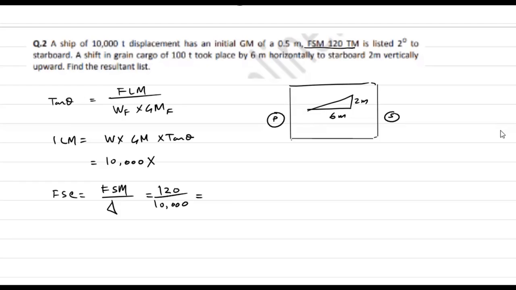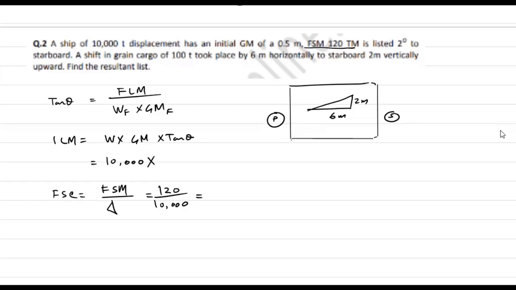So that will be deducted in the equation. Exactly, 120 divided by 10,000. Sir, put it directly in the GM value and then it will cancel out. How much is that? 120 into tan theta. What is the free surface correction?